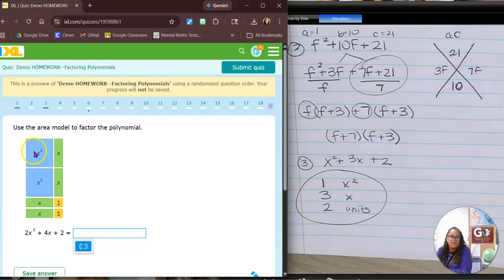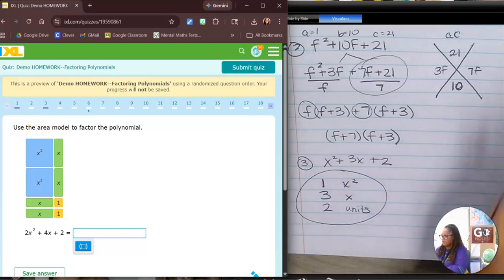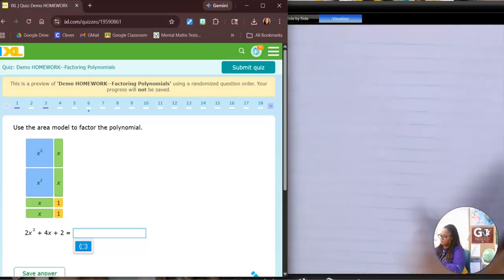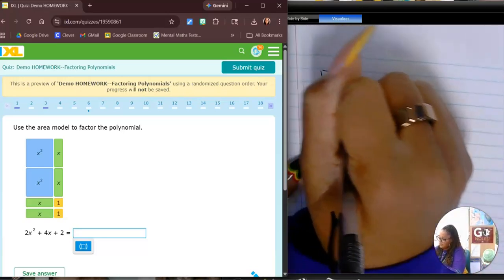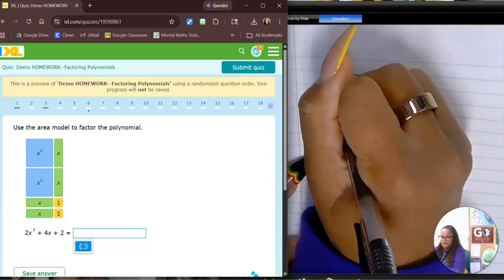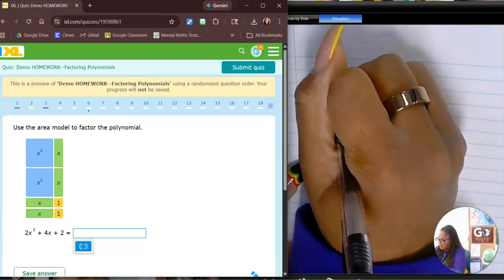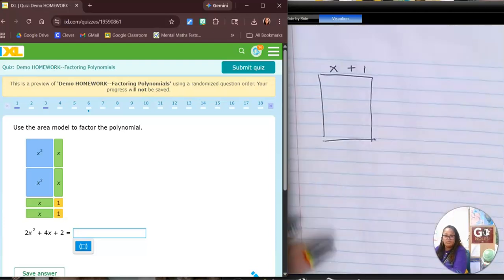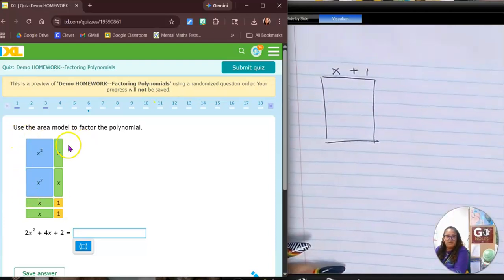Another one here. Okay, so now they want us to figure out how we got this. So I need to write the area up here. So I can write a rectangle. Draw your rectangle. And then I have an x plus 1, because that's going to be this going along here.